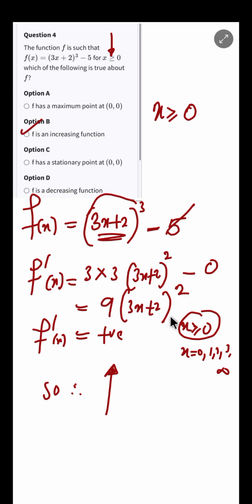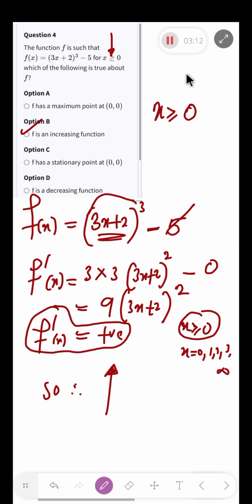As long as you set this condition into this derivative, when x is 0, you are positive. When x is 1, you are positive. When x is 2, you are positive. So if you keep on substituting, you notice that your derivative is positive all through. And if your derivative is positive all through, this is a condition which says that the function is said to be an increasing function. So that's very direct. Next question.